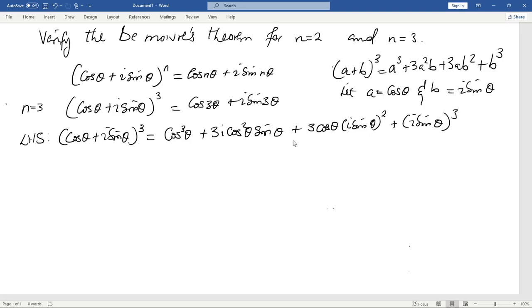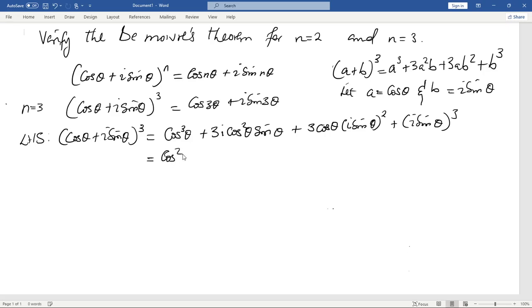Okay, so here we have cos cubed theta plus 3i cos squared theta sin theta plus 3 cos theta (i sin theta) squared and (i sin theta) to the power 3. So now let's simplify what we have here.